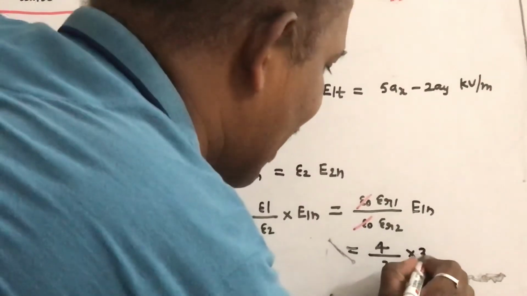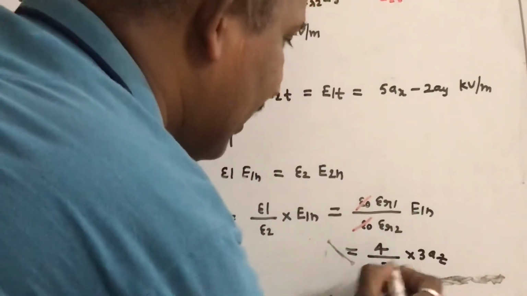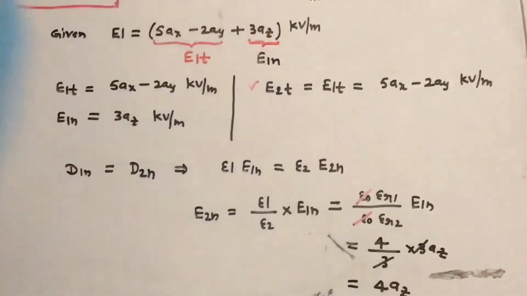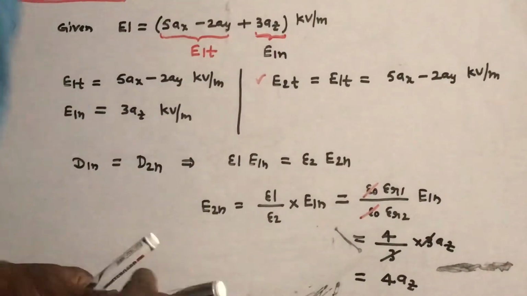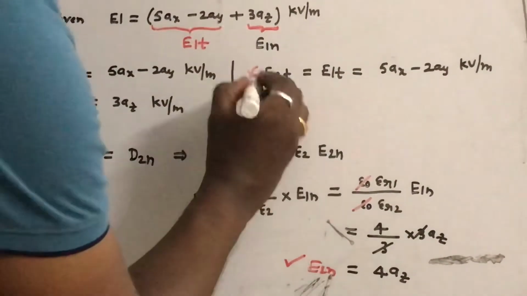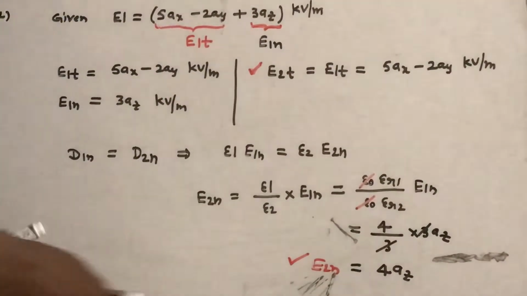Substitute 3az here. So the 3 cancels out, and you get 4az. Therefore we have got E2n, 4az, and E2t.